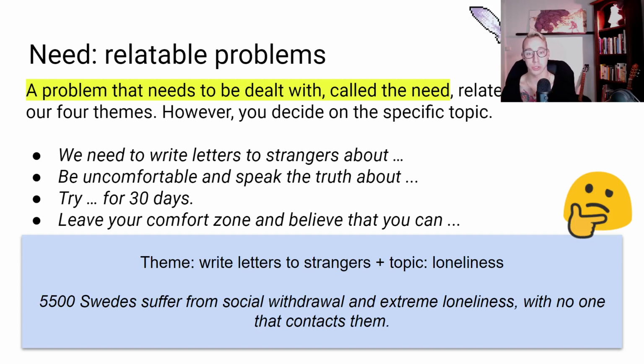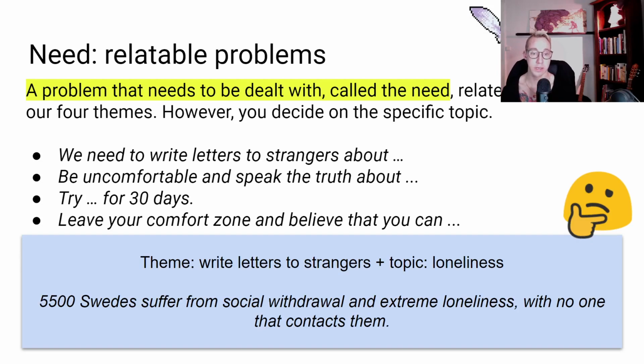Let's look at an example, shall we? Here, I chose the theme, writing letters to strangers, and then I chose the topic, loneliness. And I created a need or a problem related to that theme and that topic. It says, "5,500 Swedes suffer from social withdrawal and extreme loneliness with no one that contacts them."